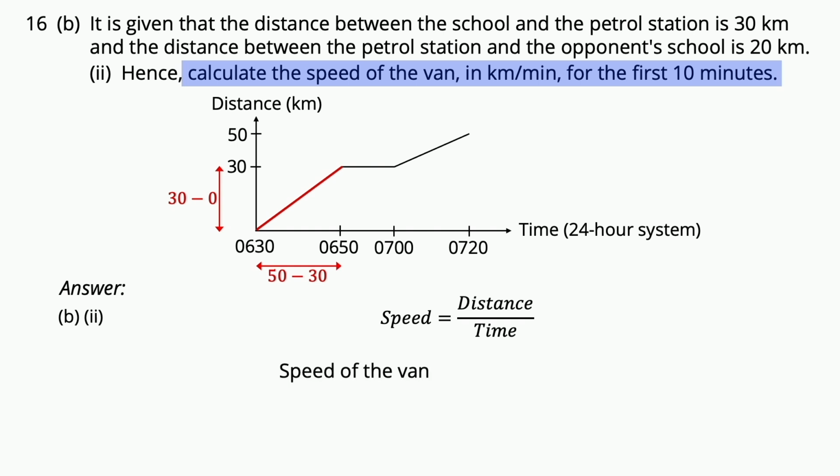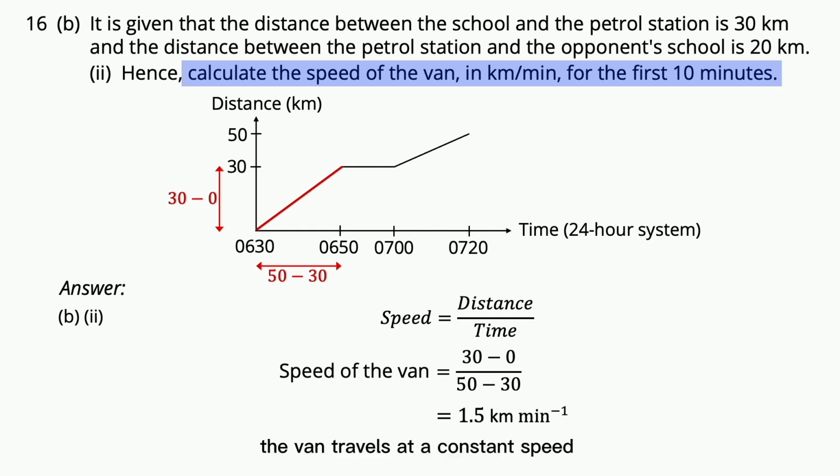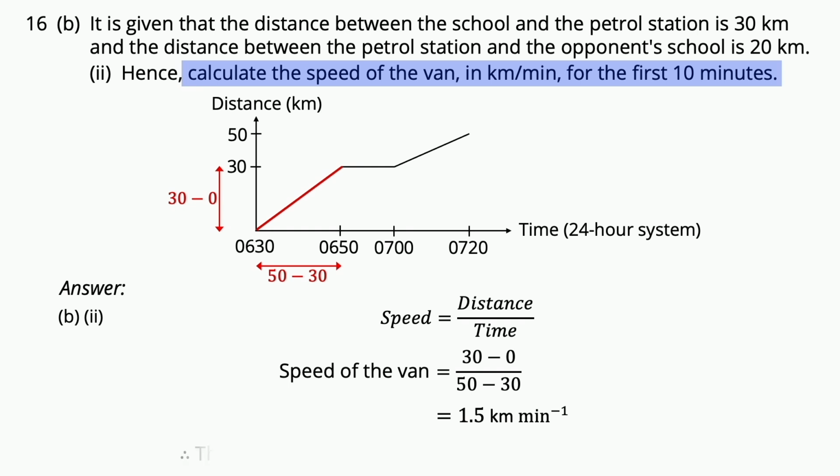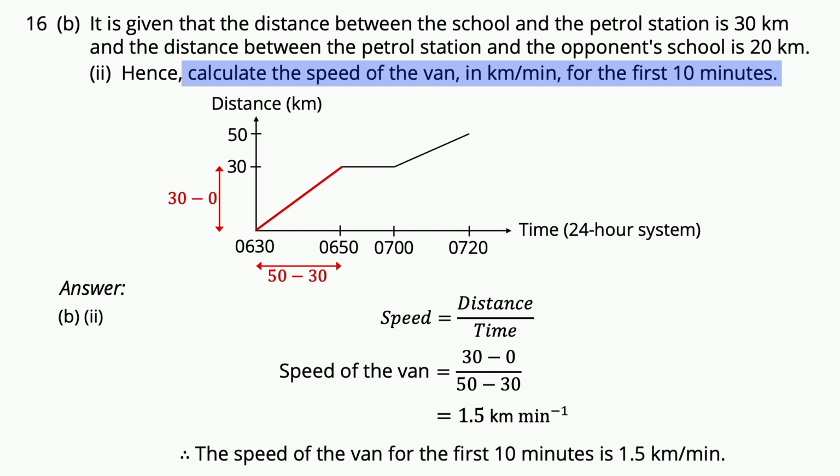Speed of the van, 30 divided by 20, equals 1.5 kilometers per minute. The van travels at a constant speed in this part, so the speed for the first 10 minutes is also 1.5 kilometers per minute.